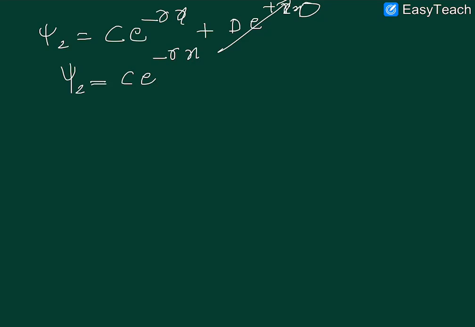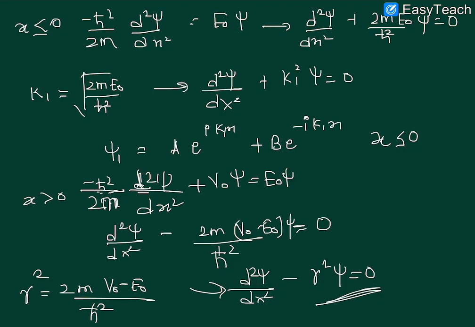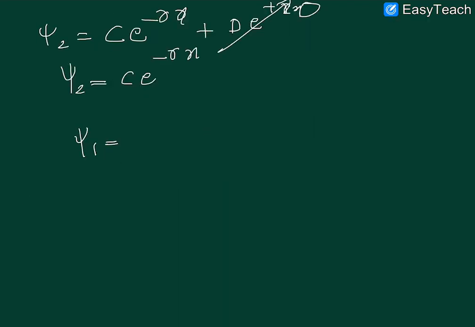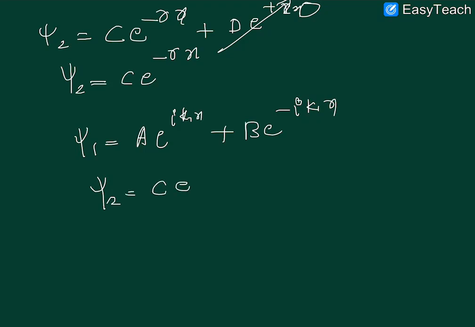and gamma here is a real quantity. From the previous page, psi 1 is A e to the power i k1 x plus B e to the power minus i k1 x, and psi 2 equals C e to the power minus gamma x.